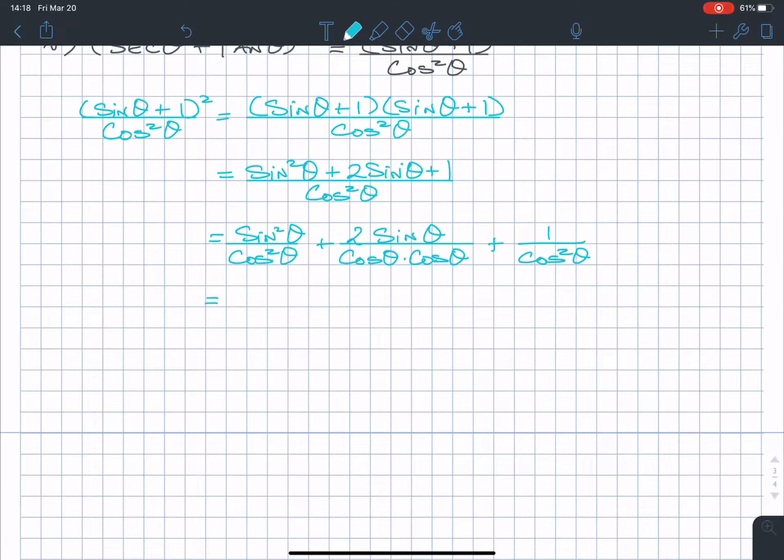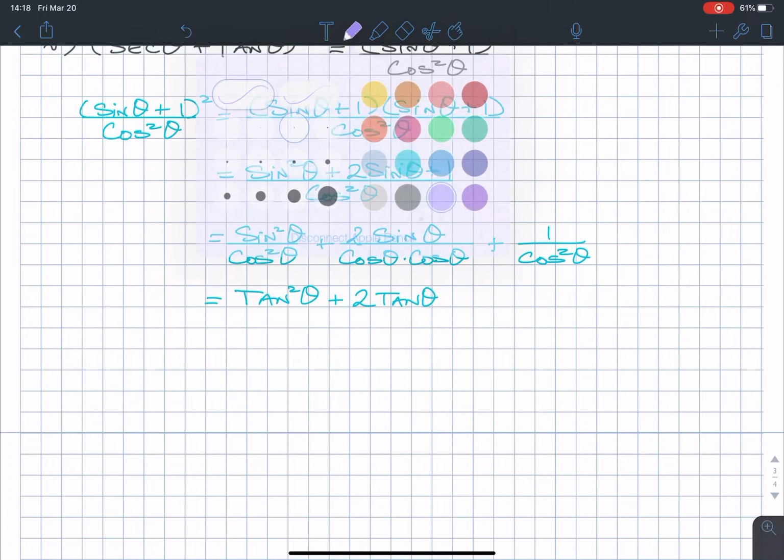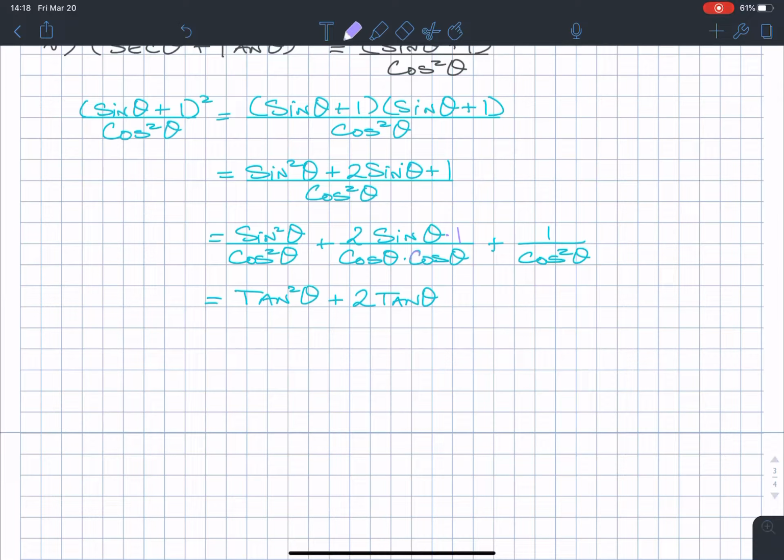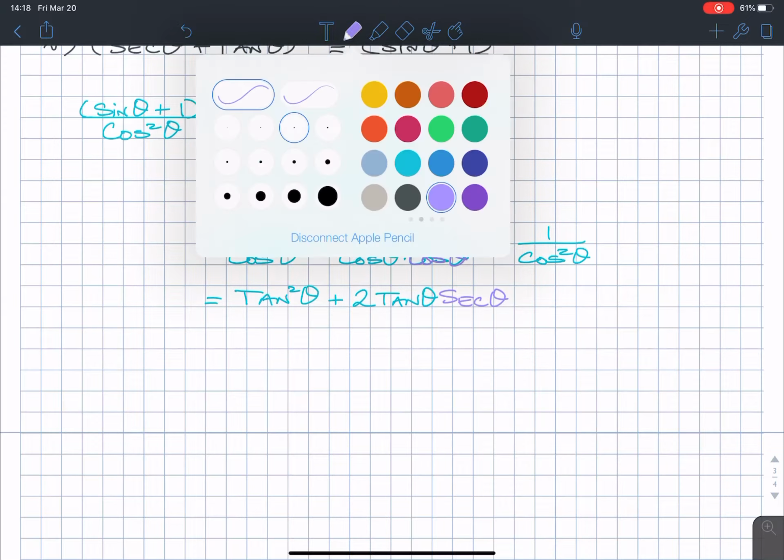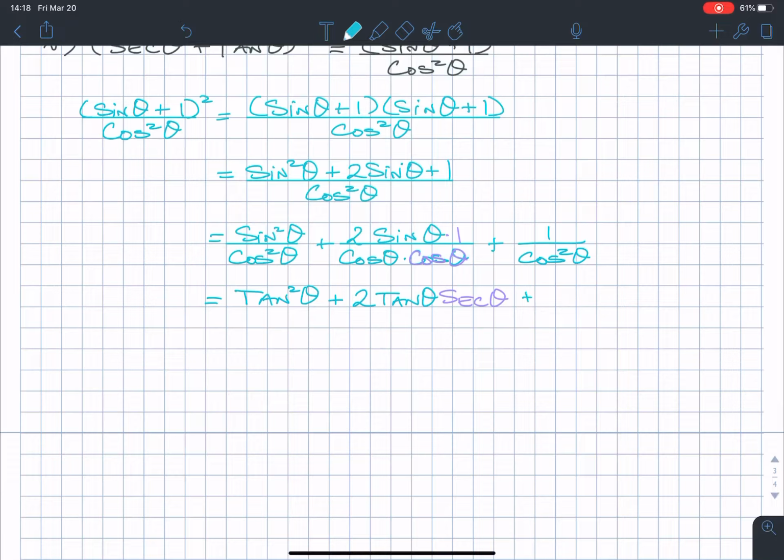Okay. Well, sine over cosine is tangent, so I claim this first term is tangent squared theta. Plus 2 times, well, sine over cosine is also tangent theta, but 1 over cosine, if I take that second cosine, is secant theta, plus, and once again, 1 over cosine is secant theta, so this is secant squared theta.